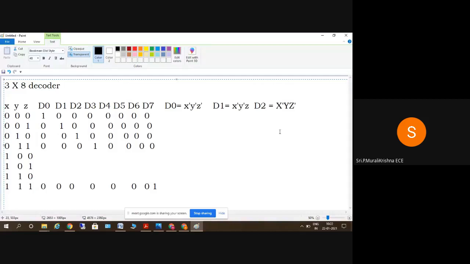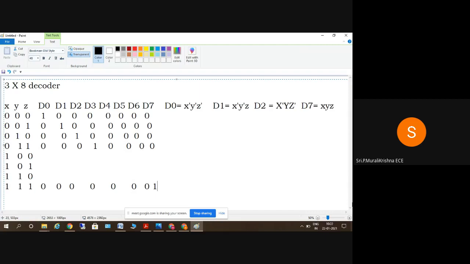In a similar way, D7: write the remaining terms. D7 is equal to XYZ. Clear? Yes, sir.